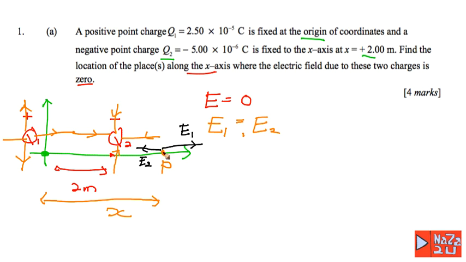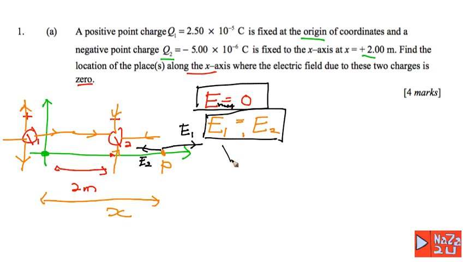So the net electric field at the point P comes from E1 and E2 in opposite directions. Because at position P, E net is equal to 0, meaning E1 is equal to E2 at the point P.